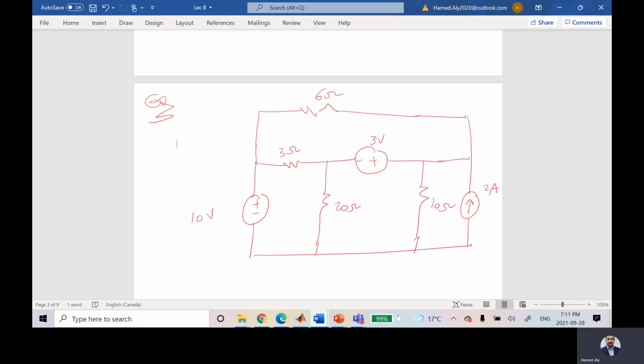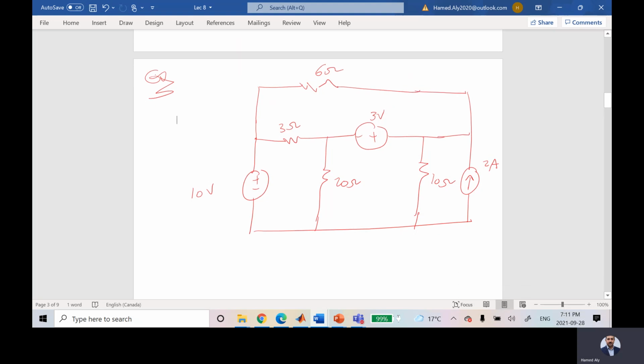How many nodes do we have for this circuit? How many nodes? I have 1, 2, 3, 4, 5, 6. Excellent. But actually, these two are considered as one node. So I can connect this guy to the ground. Now, how many nodes left?